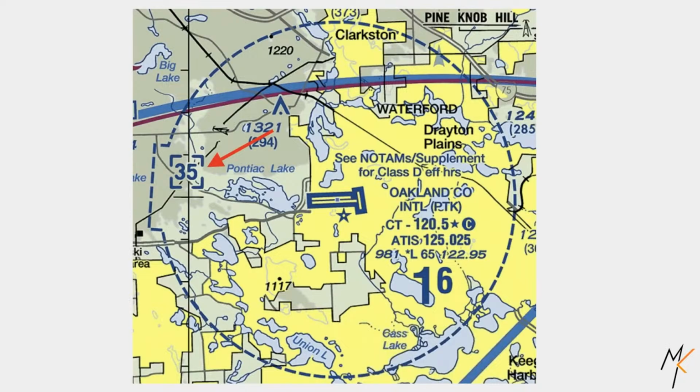And also, it shows a number inside a bracket to indicate the altitude it extends up to. So in this case, the Class Delta extends from the surface all the way to 3,500 feet AGL, depicted in this sectional. Remember, when you look at these numbers on a sectional chart, add 2 zeros to the end of it to get your altitude reading.